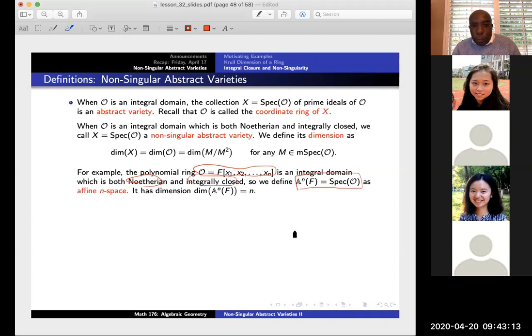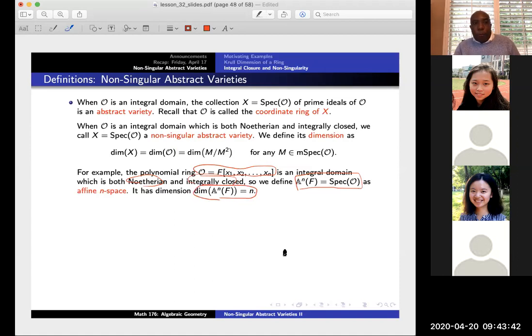This looks really weird, because remember that what we really meant was that A^n looks like m-spec, but now we're going to purely abuse notation and call this spec. Not just the maximal ideals, let's say everything. So this is what we mean by affine n-space. It's spec of this polynomial ring. And in fact, if you just stare at the definitions, the dimension here is n.